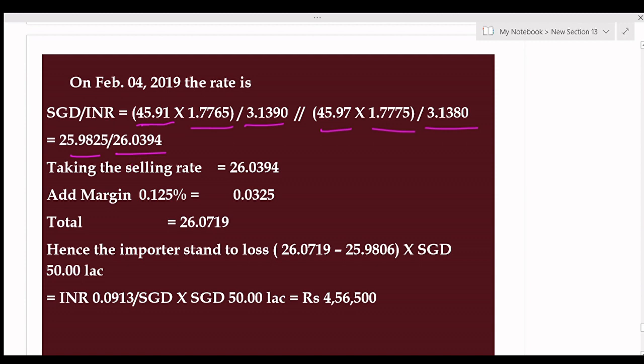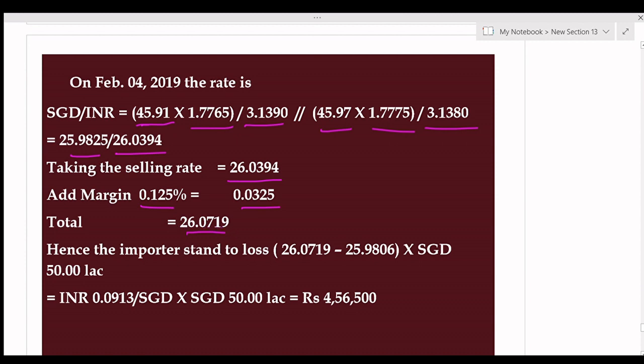Taking the selling rate 26.0394, add margin 0.125%, that is equal to 0.0325. Total selling rate on 4th February is 26.0719.